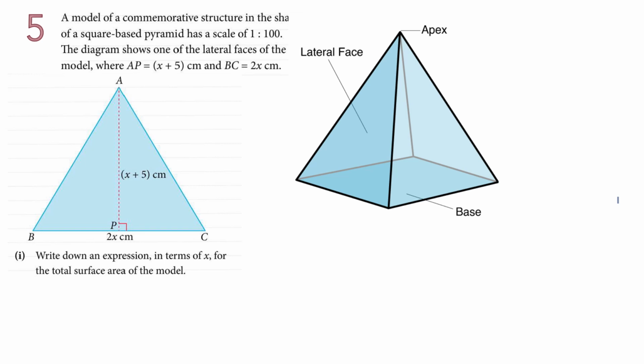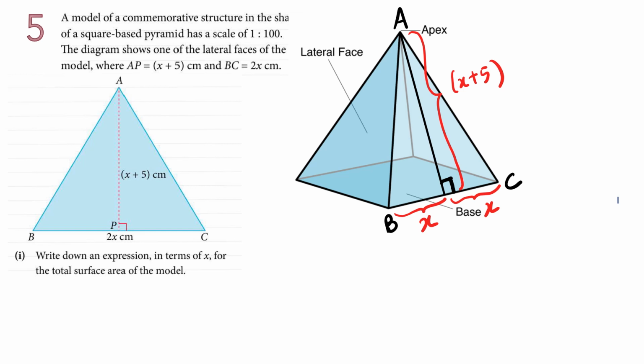The 4 of them are congruent, they are the same, and you have a square base. All right, so we're going to use one of them and label it as ABC. You have the vertical height as x plus 5, and here recognize that the length of AB is equal to AC, therefore I can divide 2x into x and x.